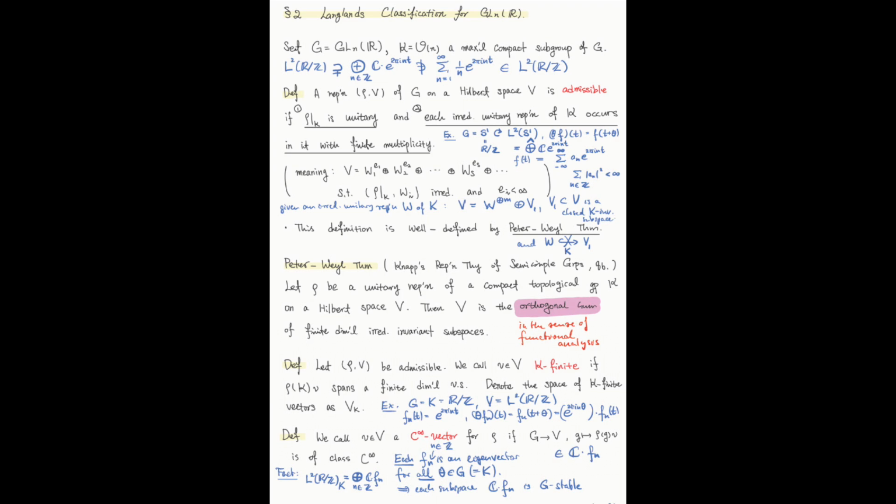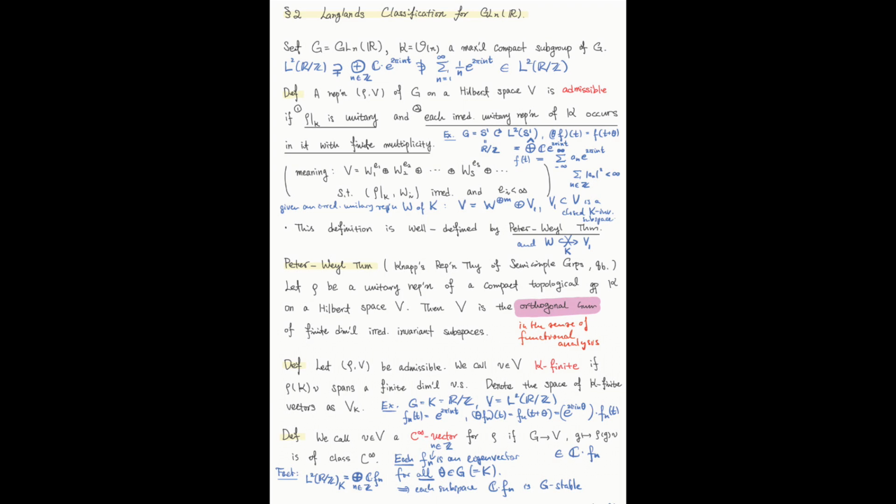But I think what one can say is the following: the meaning of this is that V is equal to, given an irreducible unitary representation W of K, we can write V as a direct sum.